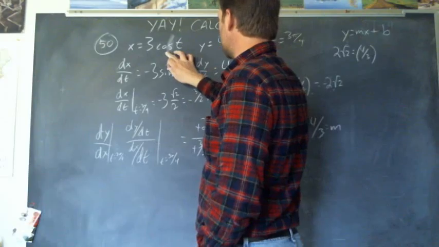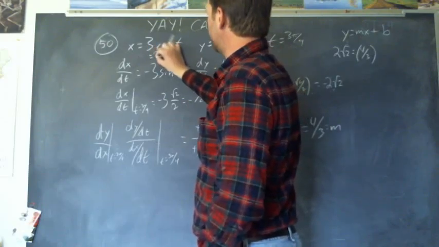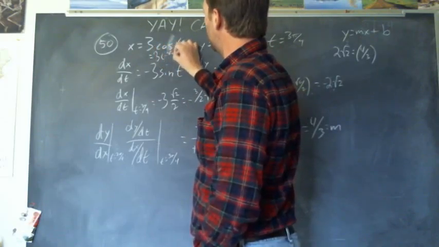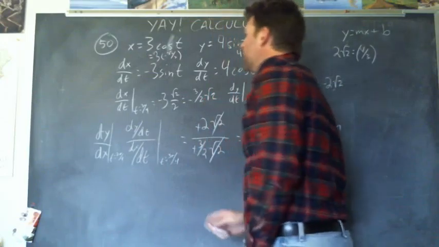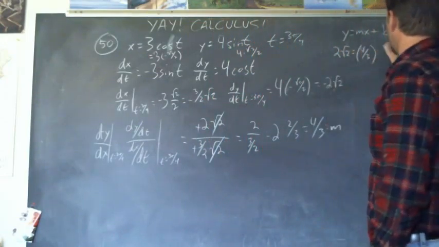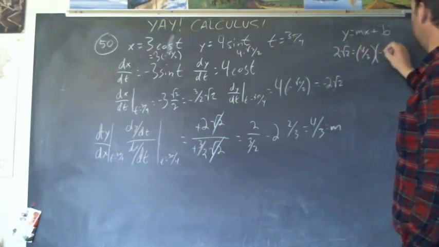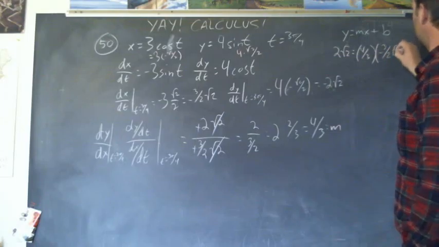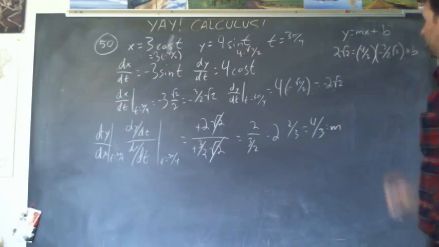Cosine of 3 pi over 4 is going to be negative radical 2 over 2. And so it'll be negative 3 halves radical 2, and plus our b.